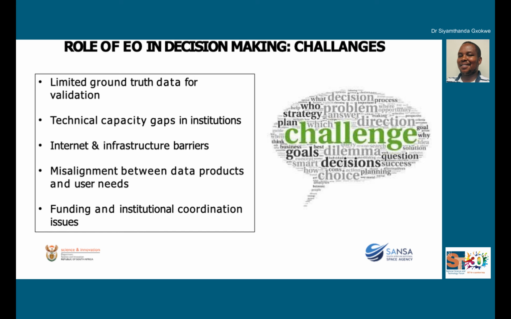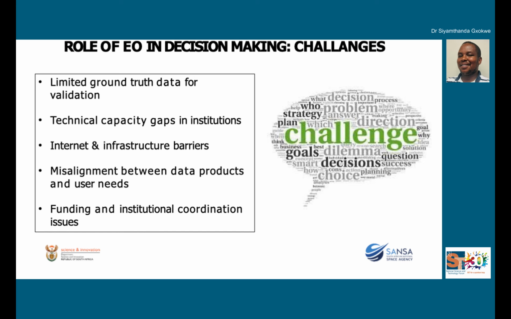And also, we are having issues of misalignment between data products and users' needs. So we are trying to build this network of users where we try to understand exactly what they require, and what we can then remote sense out of those requirements.